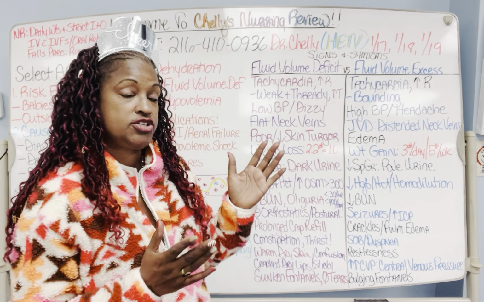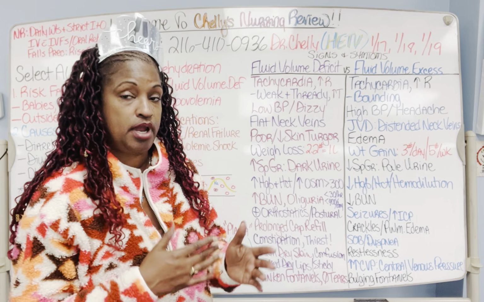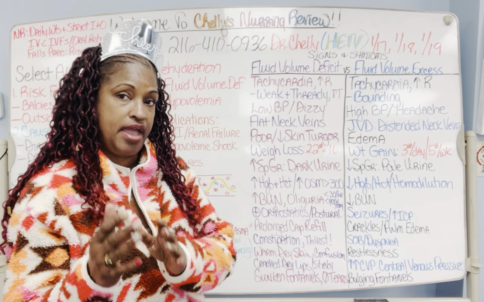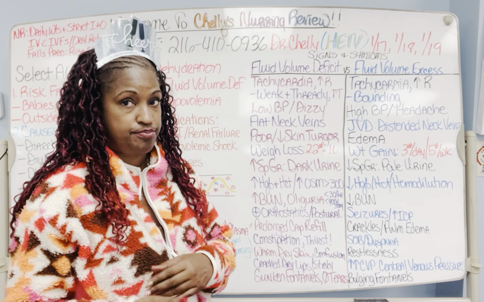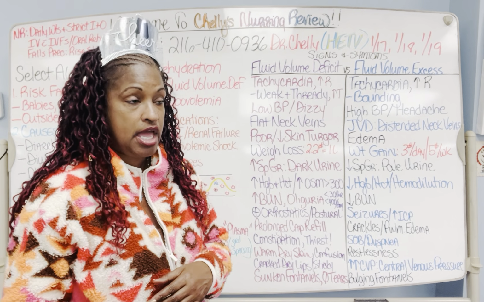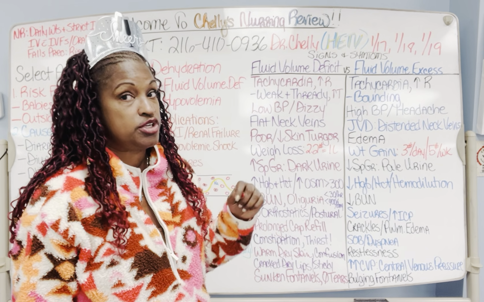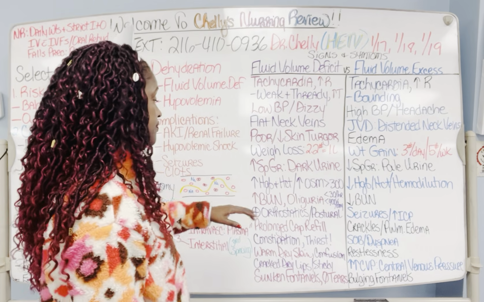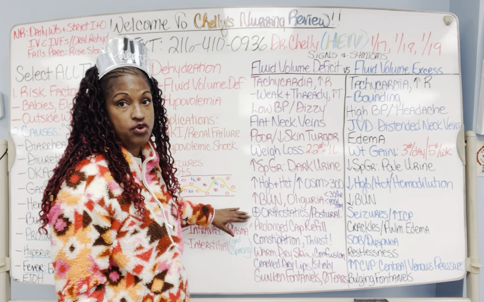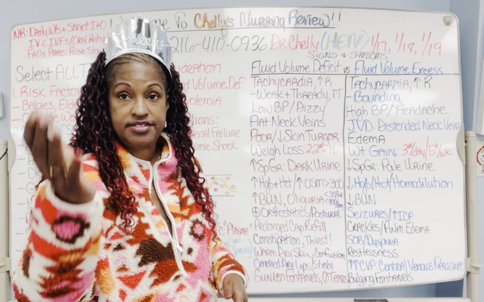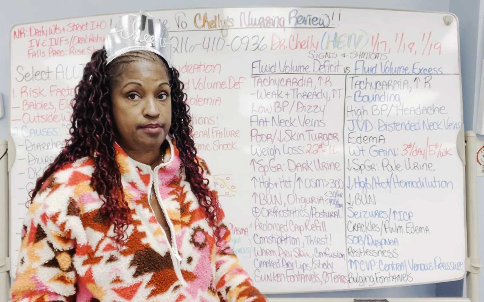You sit the patient up, you do the blood pressure and the pulse. And then you stand the patient up and you do the blood pressure and the pulse. If the systolic blood pressure drops more than 20, the patient is positive orthostatics. So they're laying down, and by the time they stand up, that blood pressure drops.